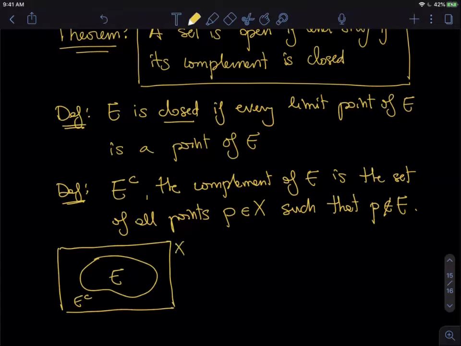We have X here, so the complement would be the shaded region here that is showing all the points that are not in E, points from X.